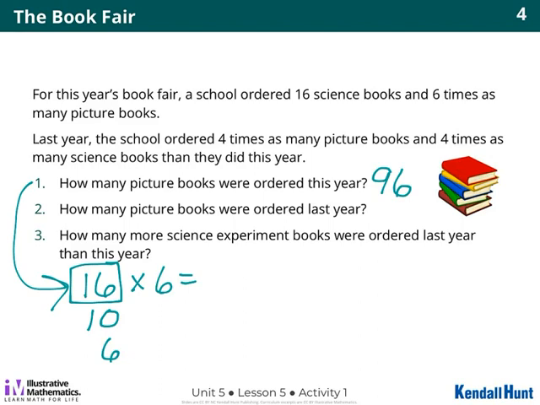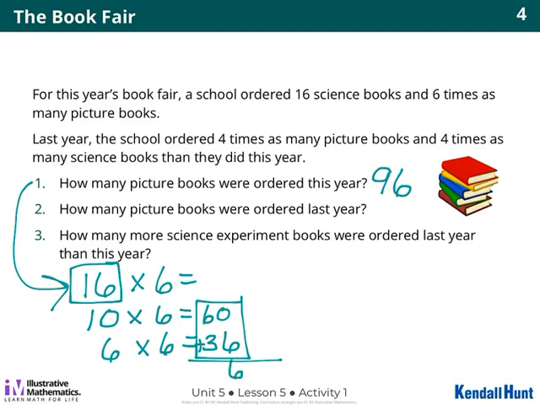That would make 16. And I could do 10 times 6 and 6 times 6. And then add the answer. So everybody, what's 10 times 6? 60. And what's 6 times 6? 36. Then I can easily add those. What's 0 plus 6? What's 6 plus 3? 9. So 96 is correct.